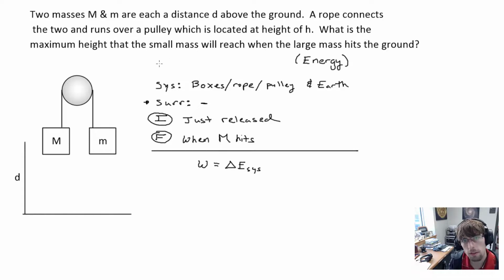If there's nothing in the surroundings, there is nothing to exert a force on your system in order to transfer energy to or away from the system. So in this case, our work is 0. Just put 0. And this is where we say, hey, we've got a closed system. In other words, the energy that the system starts with stays in the system. It goes nowhere else.